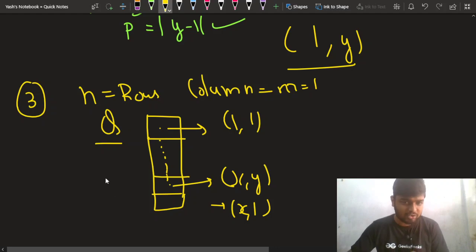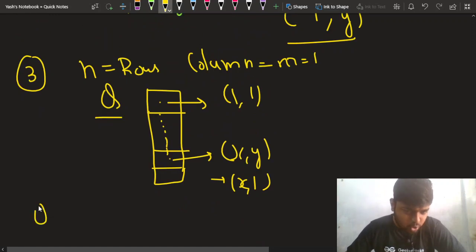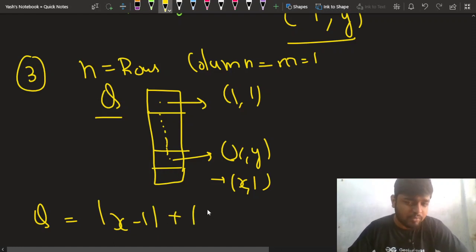Since you know q, this case will be very similar to the previous case. So q will be nothing but the mod value of x minus 1. After that you add the absolute difference of the y coordinates.